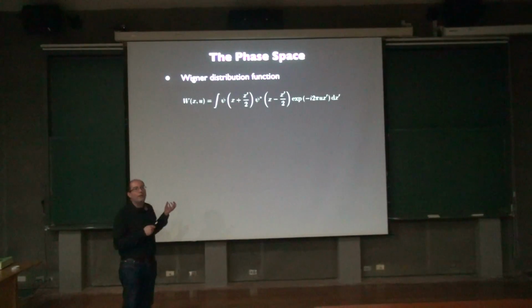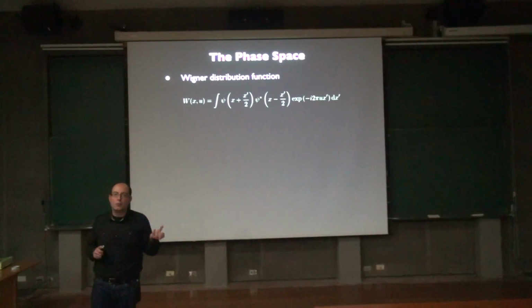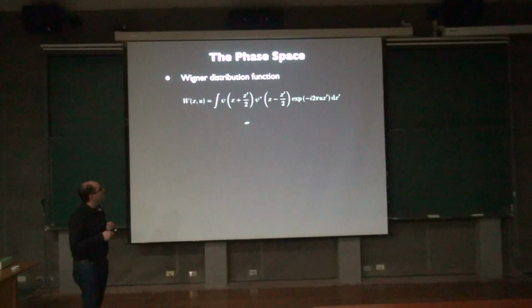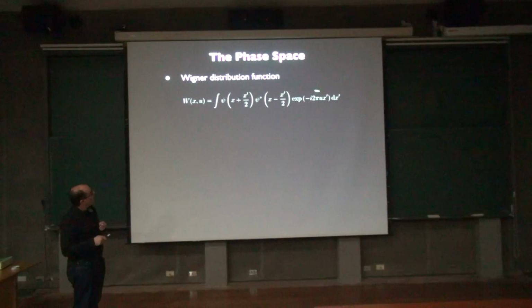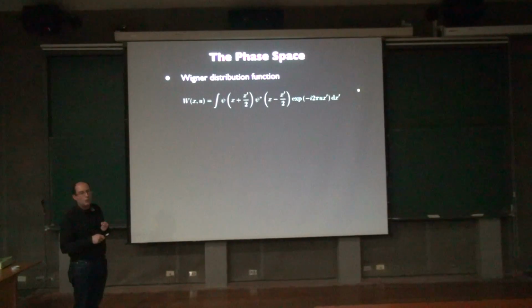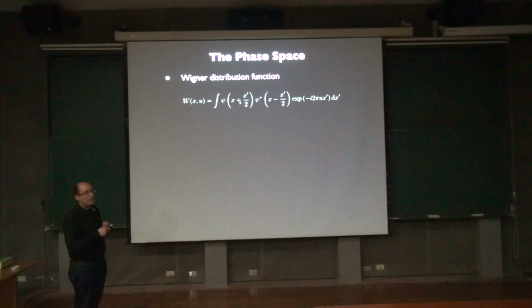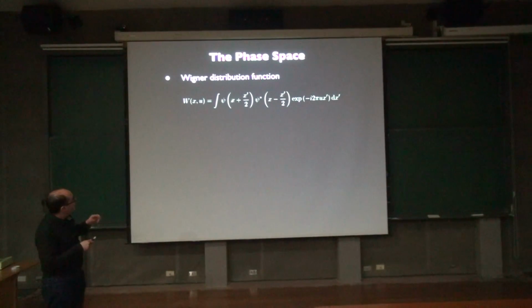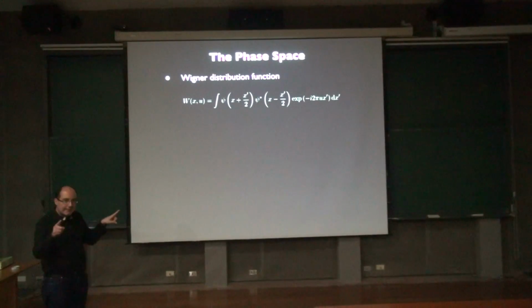Okay, so this is how it is defined. You start with a wave function in quantum mechanics, or the optical field in optics, and then you form this expression here. Please notice the integration variable is actually the displacement variable. So this is obviously a correlation kernel. The members of the product are centered at x, but we integrate with respect to the distance variable.